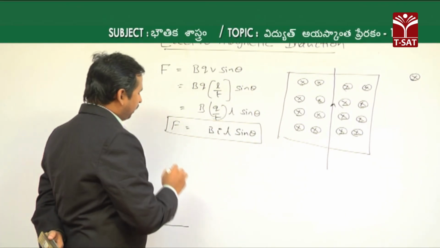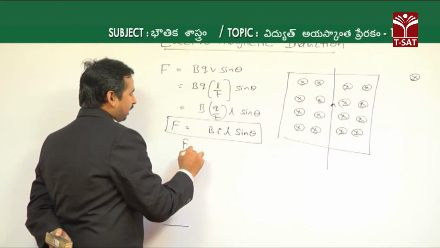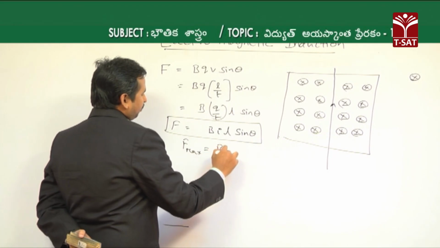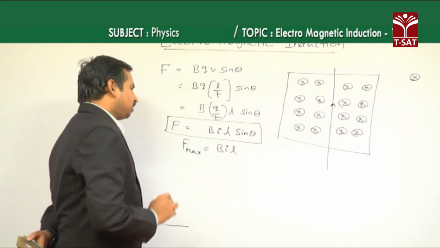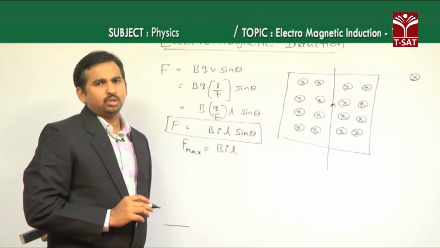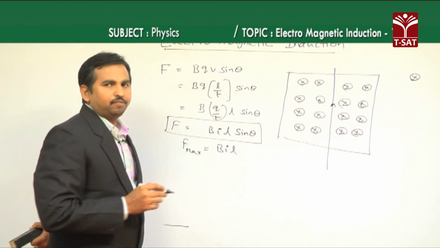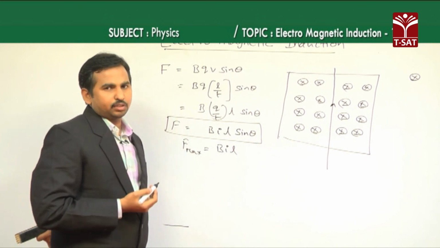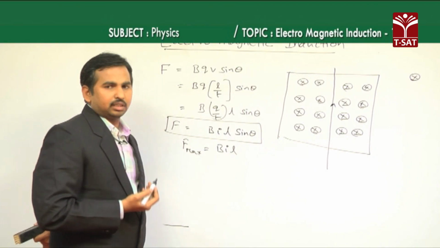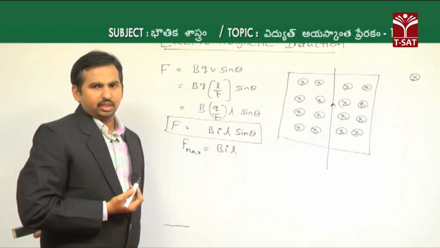Again, as it is perpendicular here, the force acting is maximum, which is F is equal to B into I into L, where B is the magnetic field strength, I is the current passing through the wire, and L is the length of the wire we are taking.